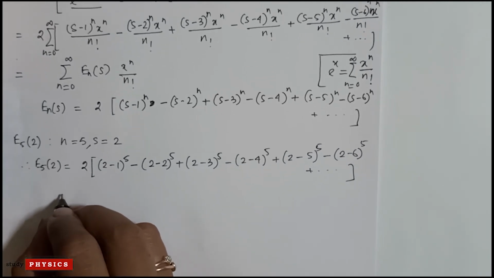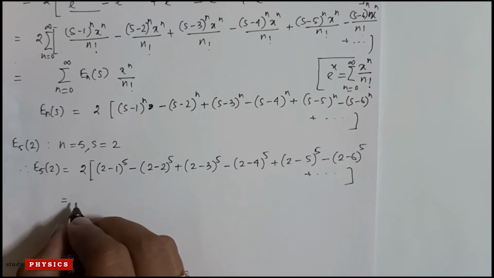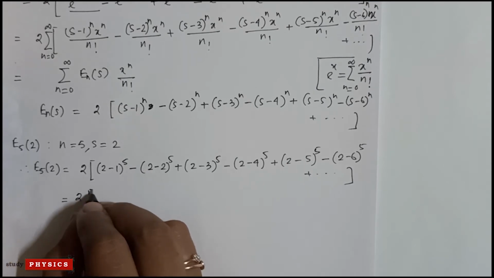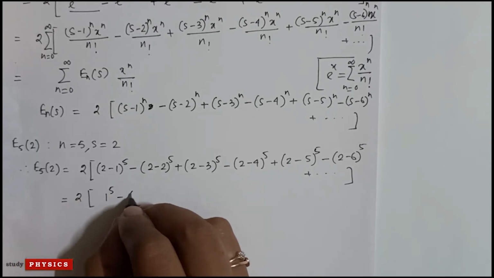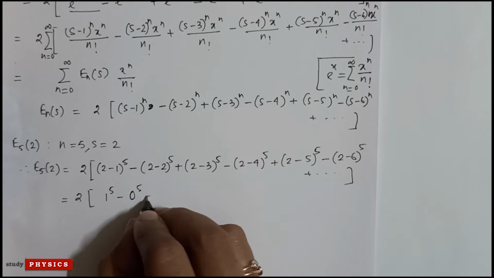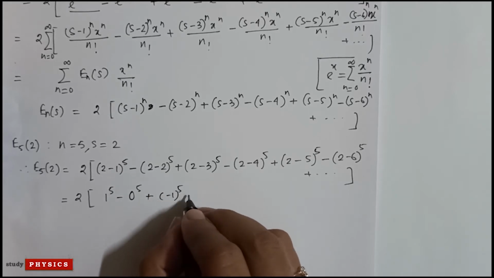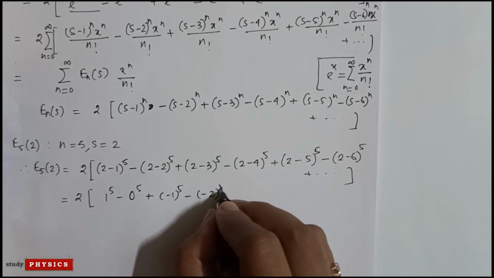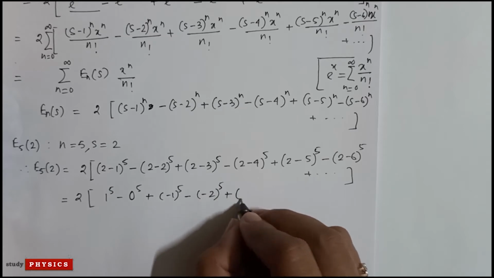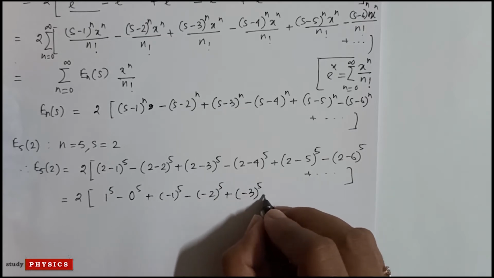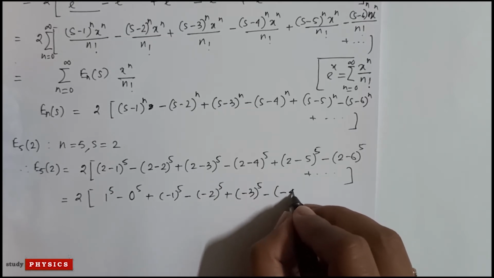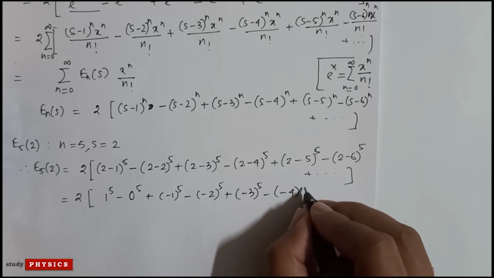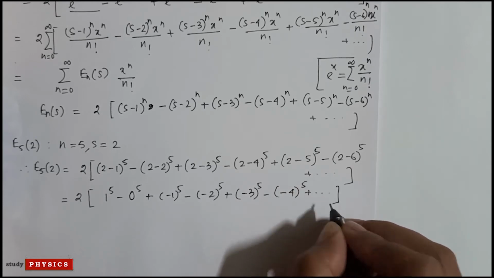So this is 2 into 1 to the power 5 minus 0 to the power 5 plus (minus 1) to the power 5 minus (minus 2) to the power 5 plus (minus 3) to the power 5 minus (minus 4) to the power 5, and so on.